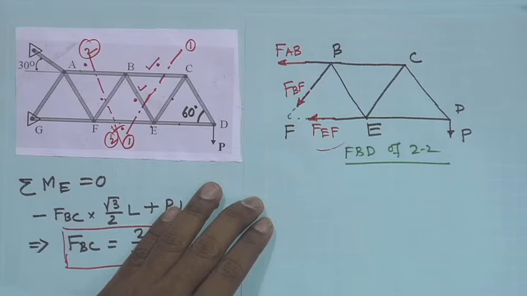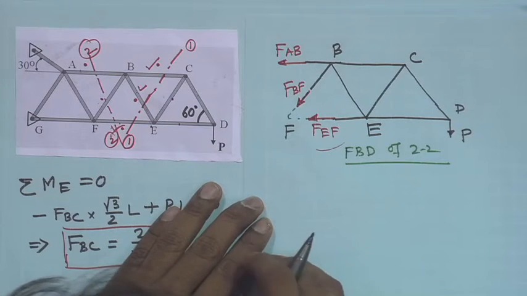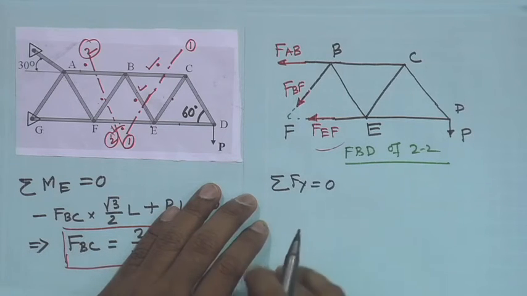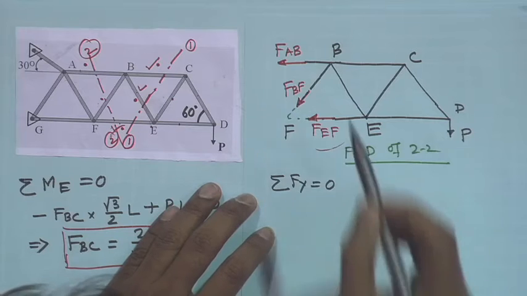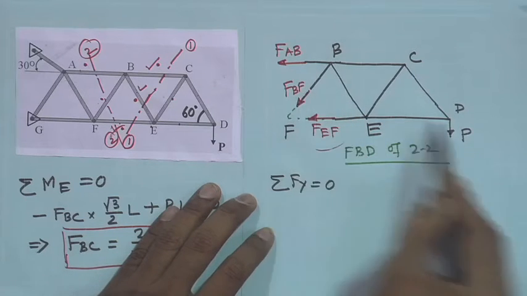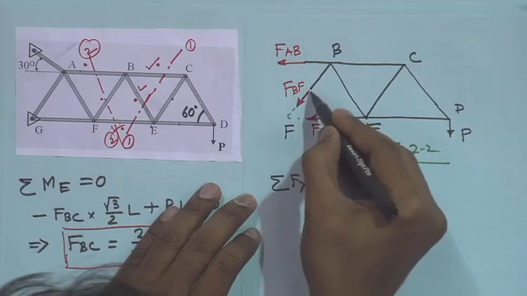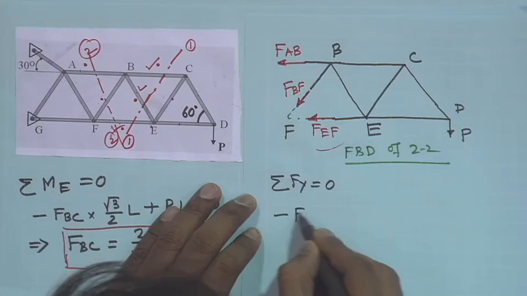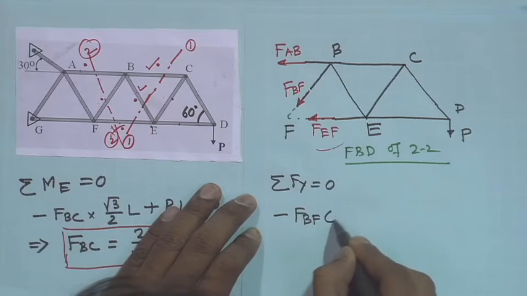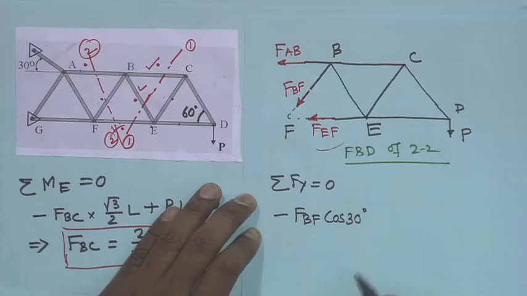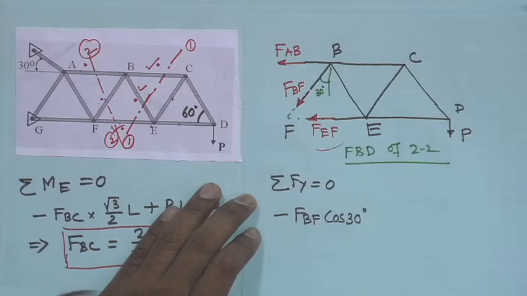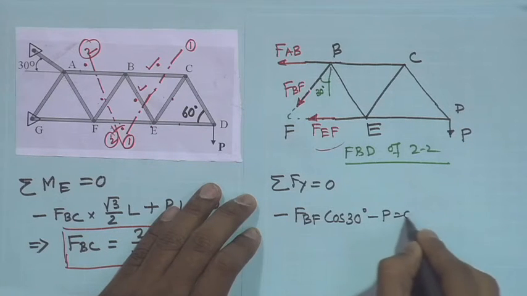Now, next take summation of Fy equal to 0. The forces that will contribute are the vertical component of FBF and P, and both are negative because they are downward. So, this is minus FBF sin 30 degrees minus P is equal to 0.